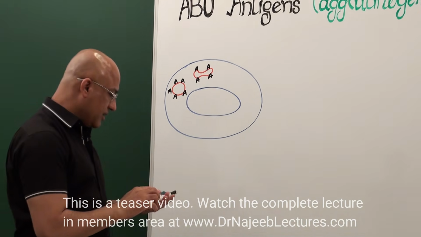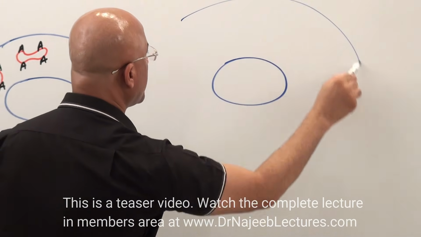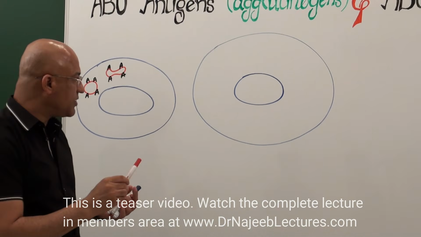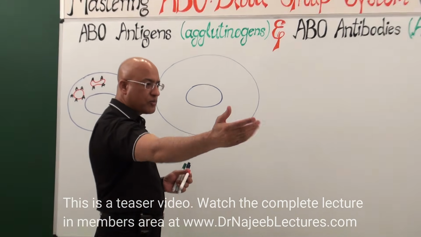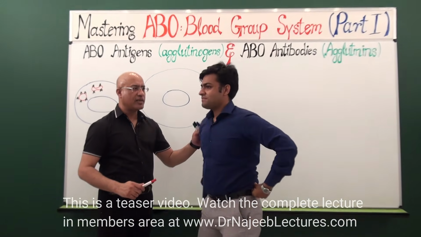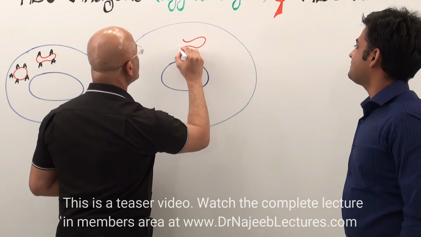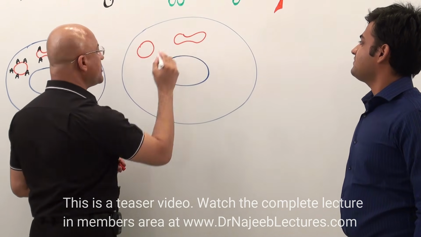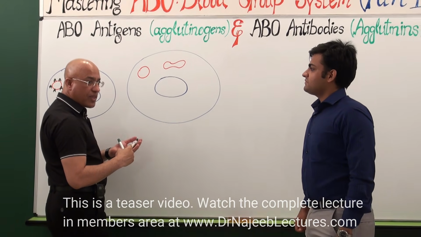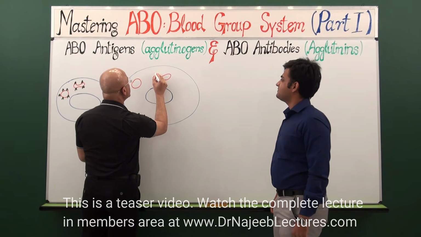And if I say there is one more person and his blood group is B, right? Let's suppose we talk about another person, who claims that his blood group is B. Now you can understand easily that his red blood cells should have which kind of antigens?